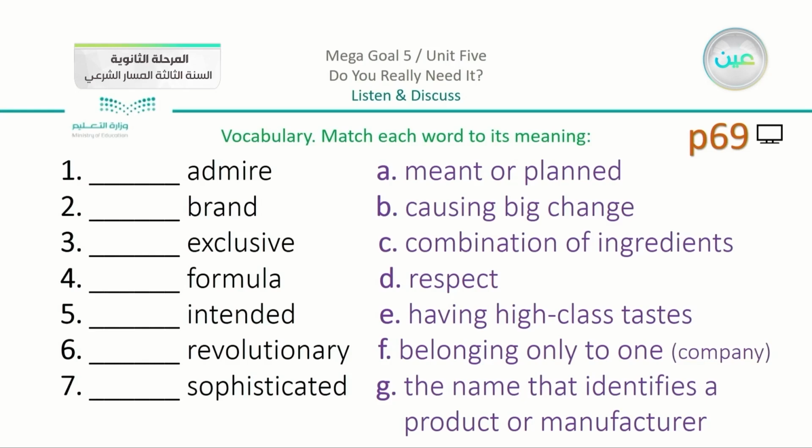Now we can see that there is a very big relationship between the word admire and respect, as we said in the famous figures in Unit 2. So admire is going to be D. Completing, we have having high class tastes, belonging only to one, or the name that identifies a product. Now, from the man and his suit, we can see that the word sophisticated, number 7, goes with E, which is having high class tastes.